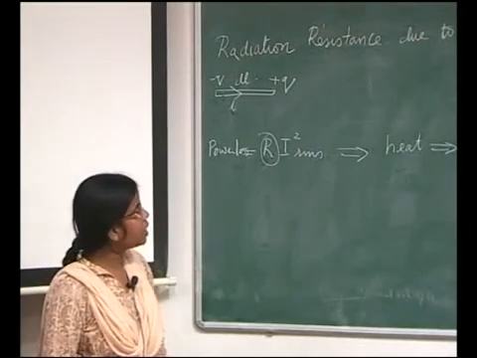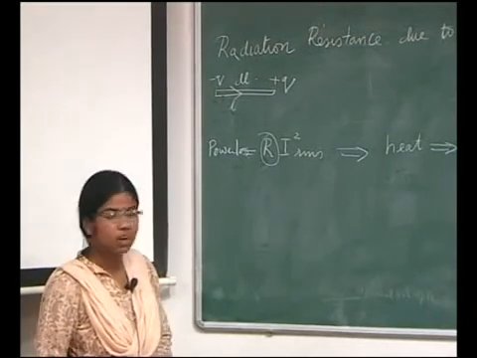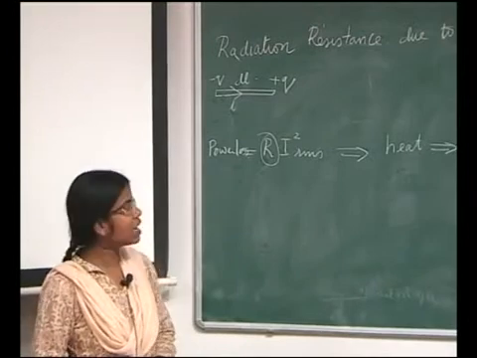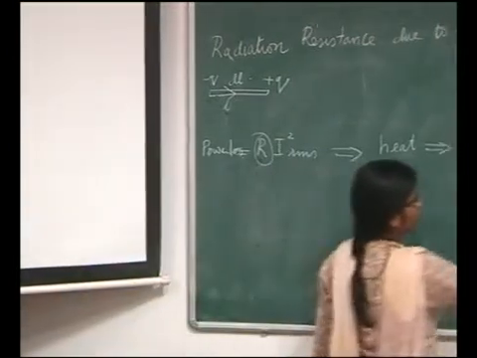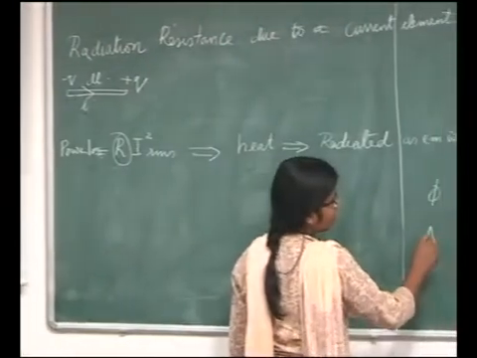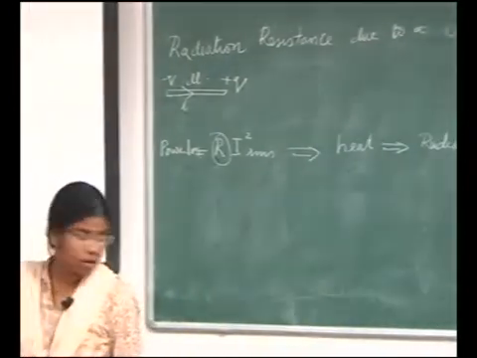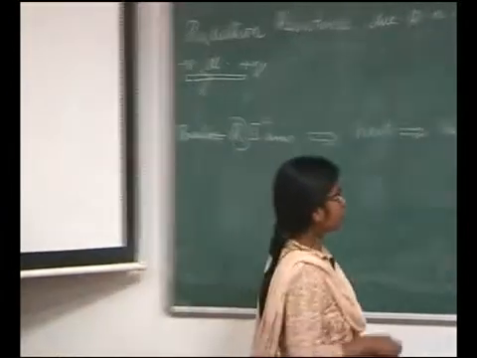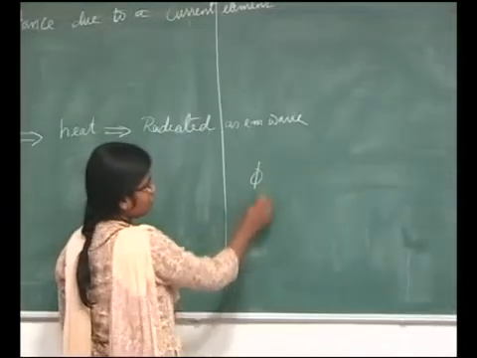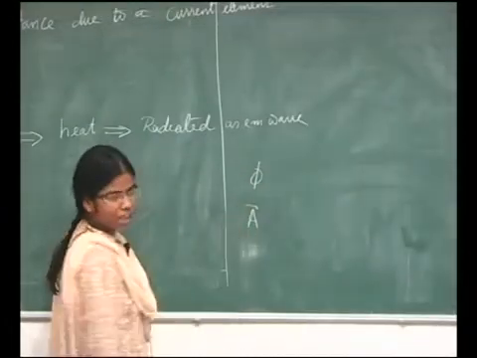So, now in the last lecture we had considered an oscillating dipole, and we had calculated phi and A. And we had seen that the phi component was always 0. This was the scalar potential, and this is the vector potential. So, we had calculated this.